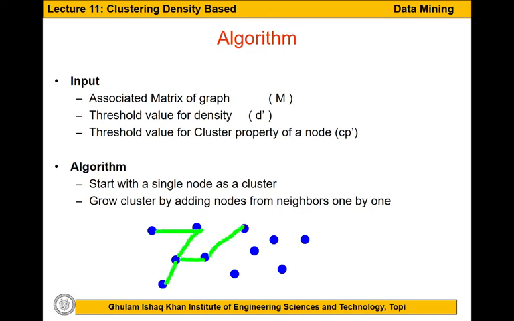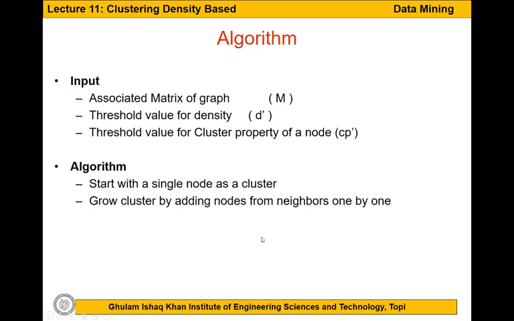Everybody is connected differently, right? And what we do is that we start with one node and we call, okay, this is a cluster, then we grow the cluster by adding its neighbor. For example, this one is a neighbor. Now these two red points become one cluster, then we grow further, then we grow further, right? This is how we will be growing the clusters.